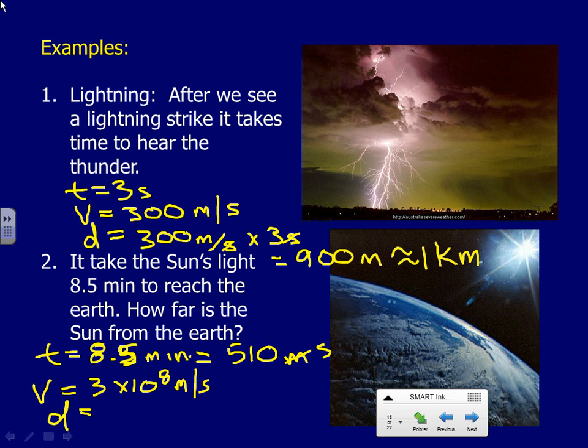All right. So let's now do the calculation for the distance from the Earth to the Sun. 3 times 10 to the 8th multiplied by 510. And I'll take a number for that when someone calculates it for me.